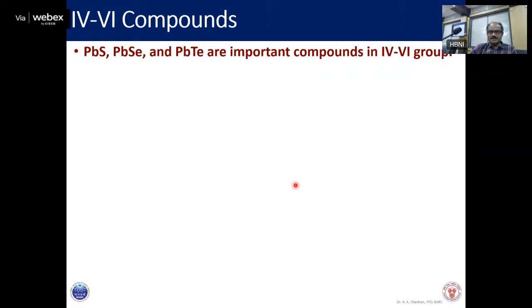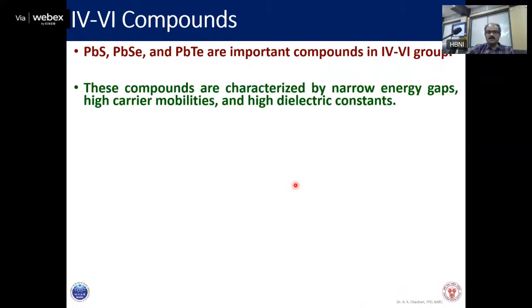Now, let us see the fourth-sixth compounds. Some of the important compounds are lead sulfide, lead selenide, and lead telluride. These are some important compound semiconductors of the 4,6 group.